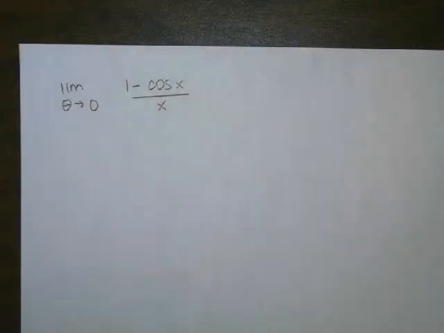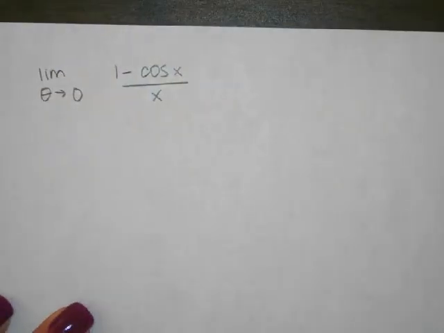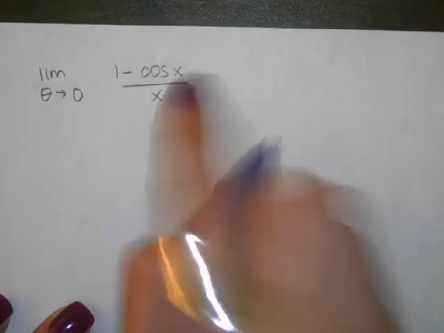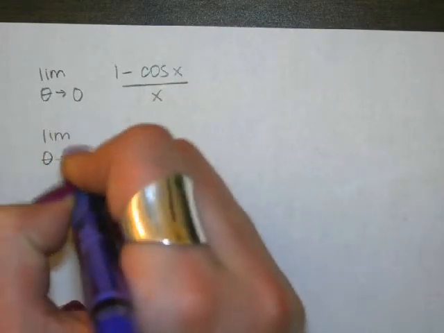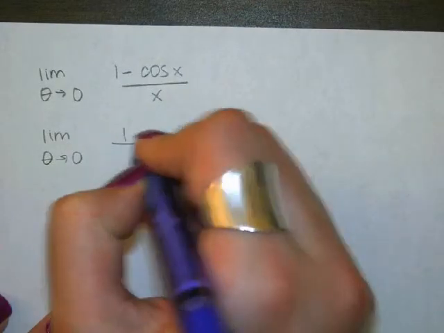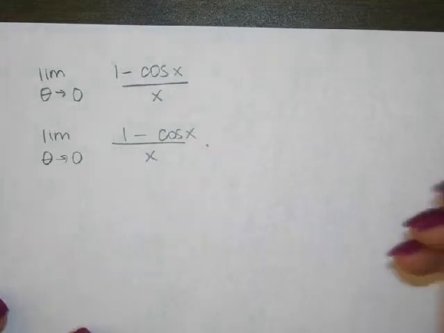Okay, so with this one, the trick is to kind of get it back so we get some signs in it, because sine x over x is the one that we know equals 1. So what they do for this one is they take this fraction and they multiply it by the conjugate of the top.